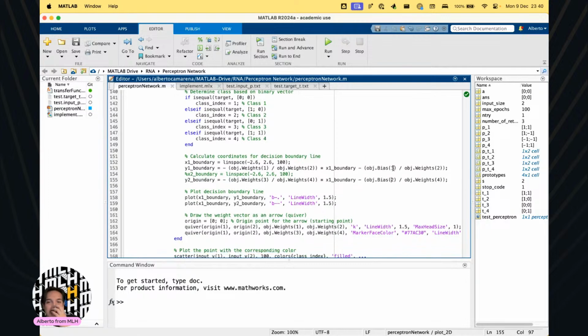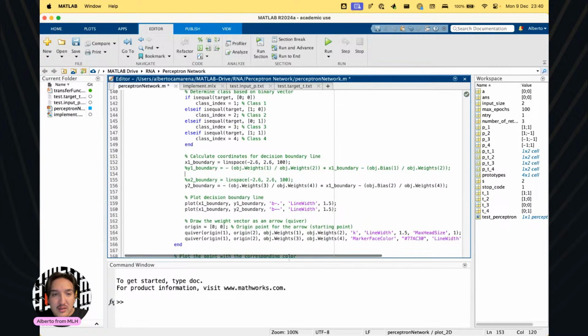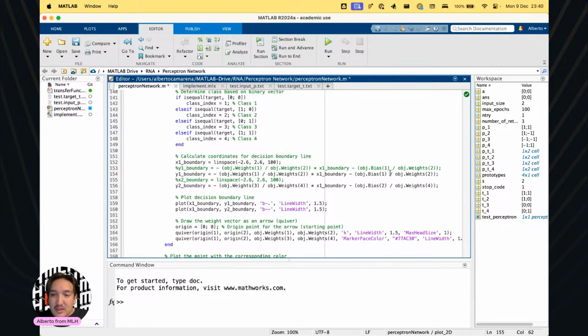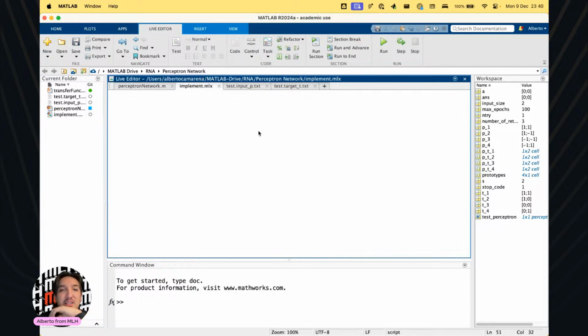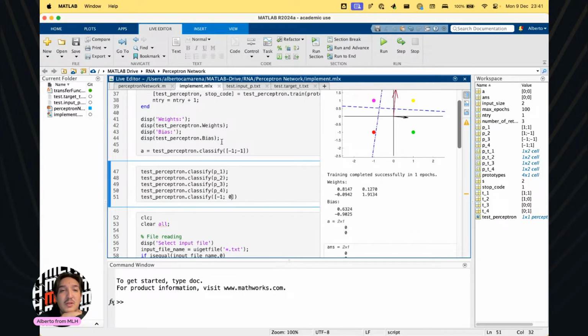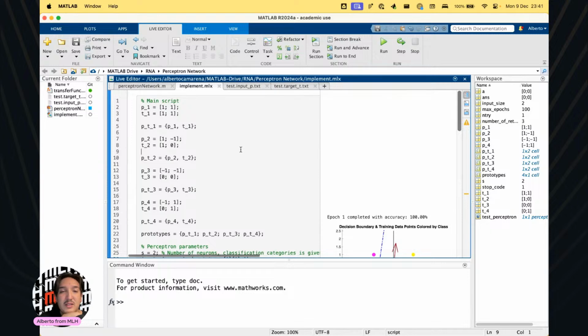Yeah, bias. Okay, let's do something quick and remove this bias. And remove this bias. Okay, let's try it again. Come on, load. Okay, here. So let's run this again.